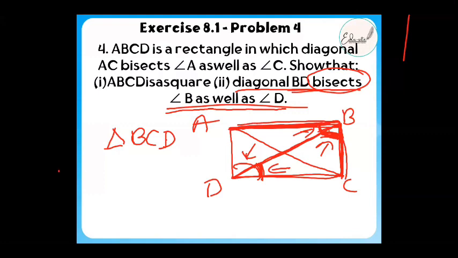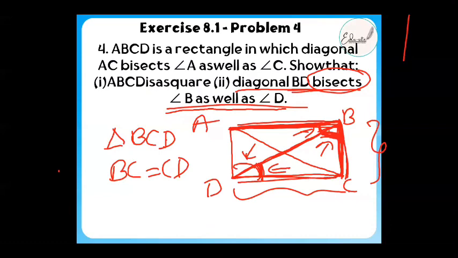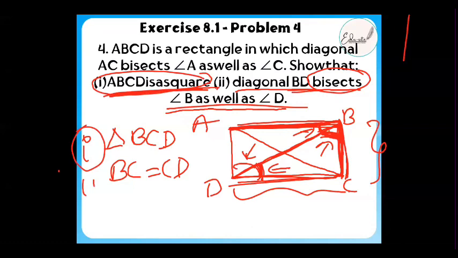If we consider the triangle BCD, then we know that BC is equal to CD, isn't it? Because we have already shown that it is a square. It is a square, so BC is equal to CD.